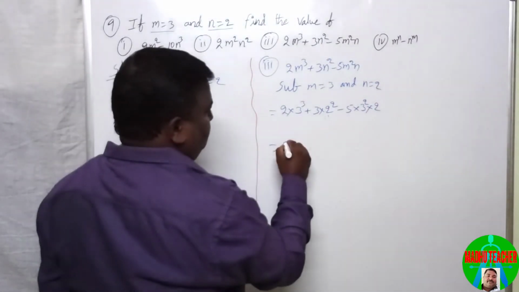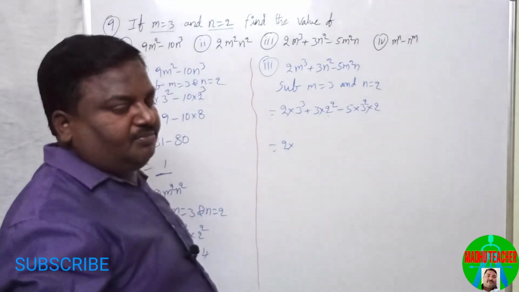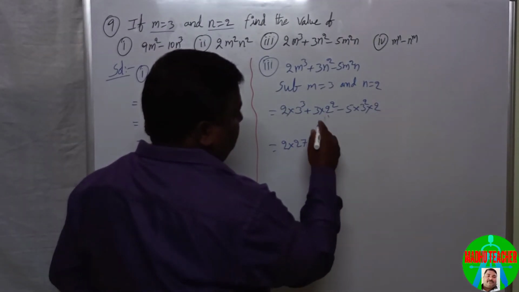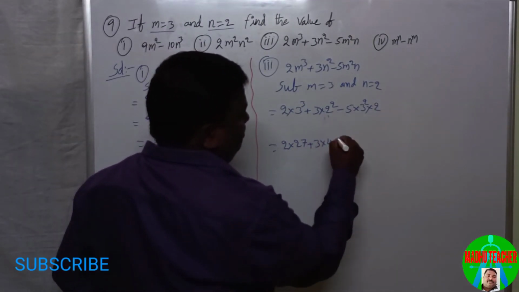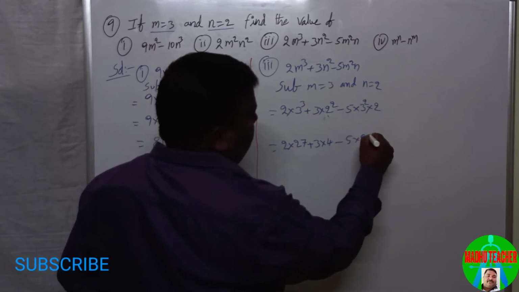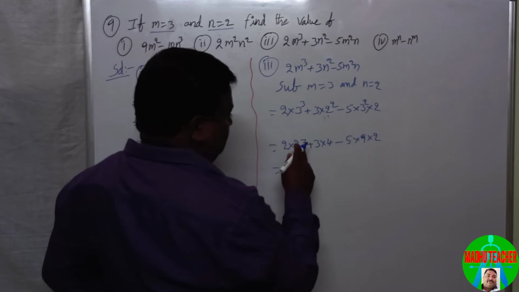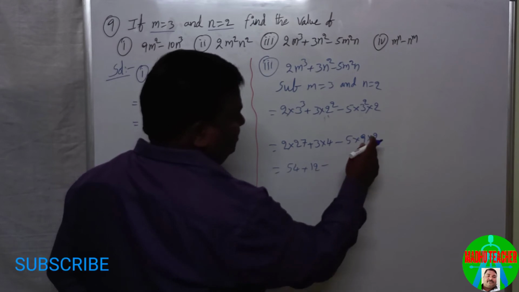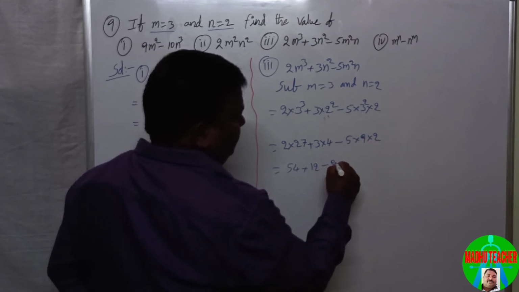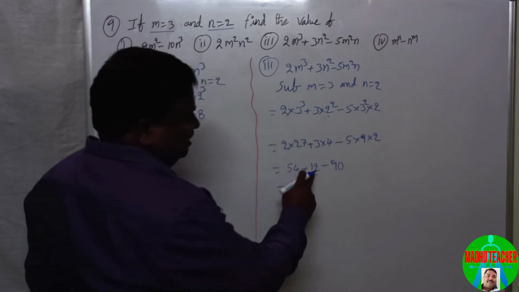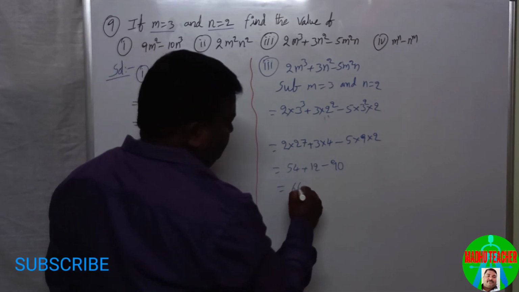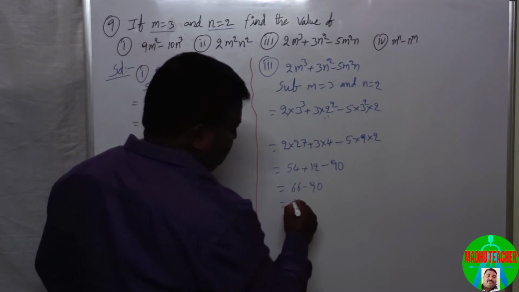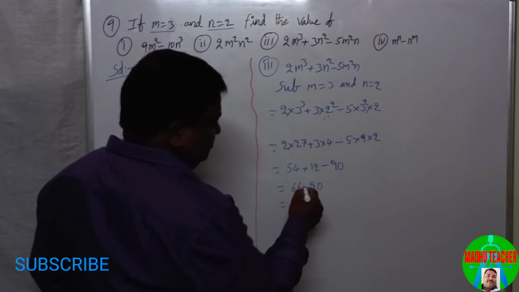That equals 2 into 3 to the power of 3. Multiply 3 times, 3 3s are 9, 9 3s are 27, plus 3 into 2 square is 4, minus 5 into 3 square is 9, into 2. 27 into 2, 54, plus 3 4s are 12, minus 2 5s are 10, 10 9s are 90. So these two have plus sign, so 54 plus 12, 66, minus 90. Different signs, so you have to subtract 90 minus 66, 24. The biggest number has the minus sign, so minus.